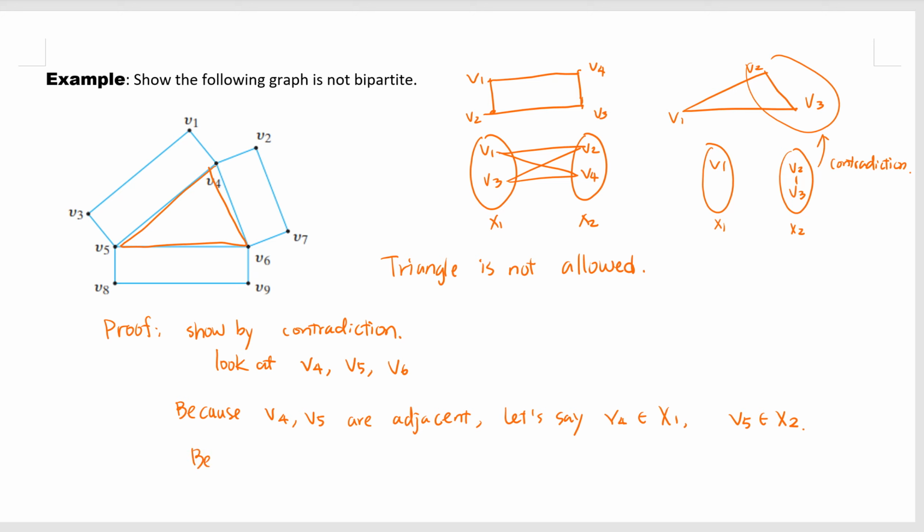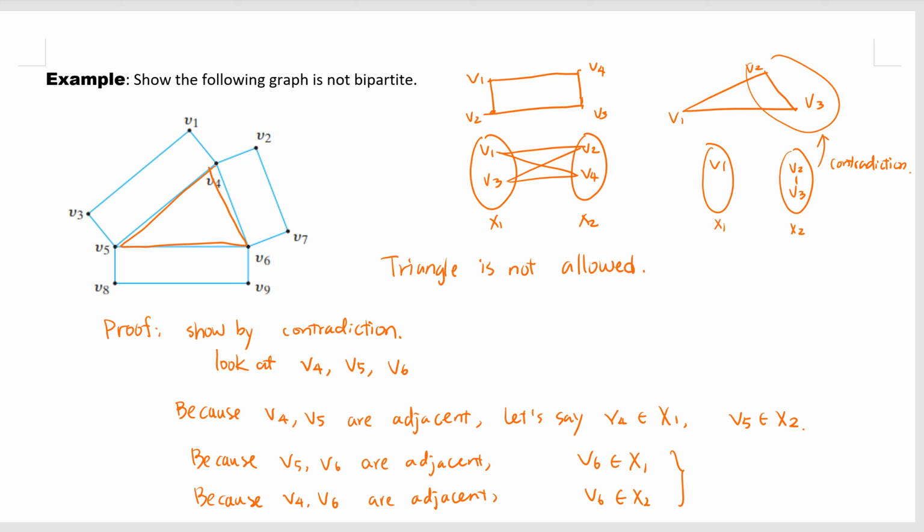Now because V5 and V6 are adjacent, and V5 is in x2, V6 must be in x1. Also, because V4 and V6 are adjacent, and V4 is in x1, V6 must be in x2. Whoa, contradiction.